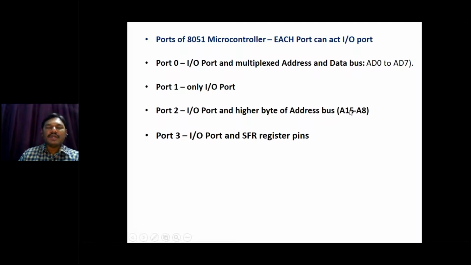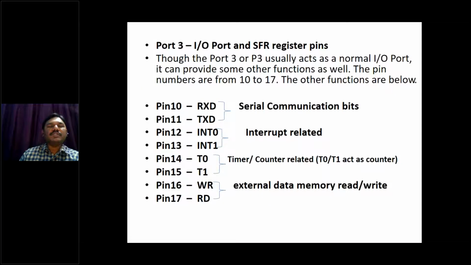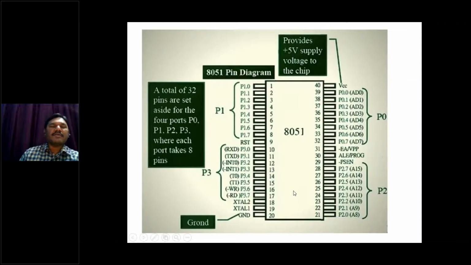Port 2 has the higher byte of address, and port 3 is the special function bus. Port 3 has RxD and TxD pins for serial communication, INT0 and INT1 for external interrupt generation, T0 and T1 for external counting of pulses, and WR and RD for external data memory write and read.